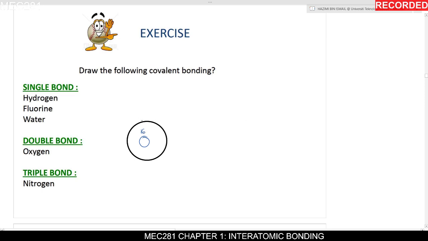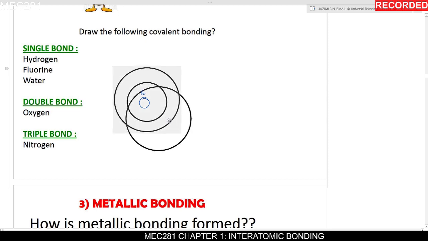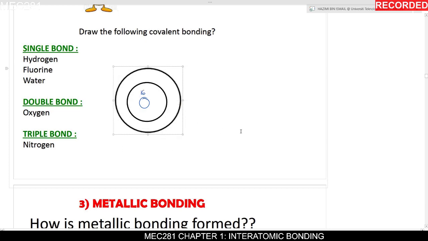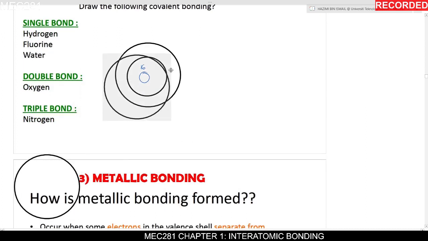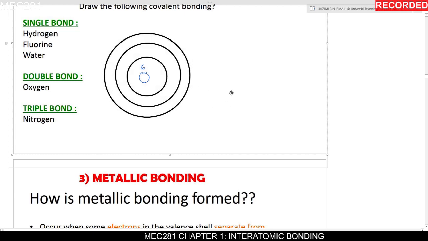So the outer shell here has 1, 2, 4, 6, 8, 10. So it has 1, 2, 3, 4, 5, 6.